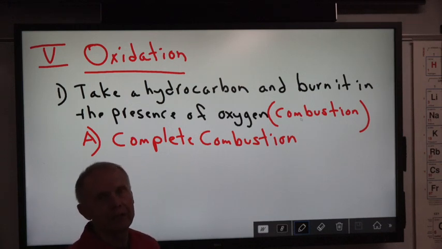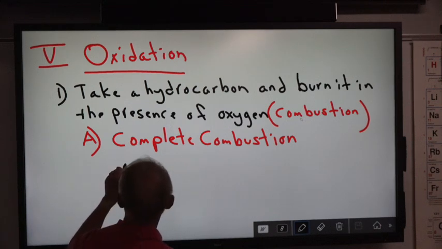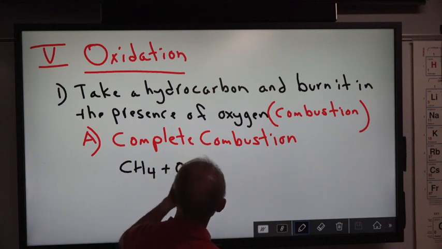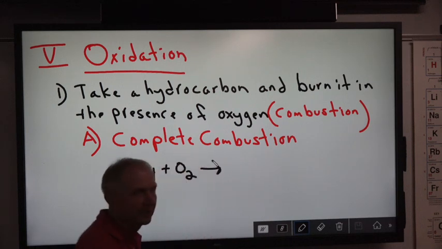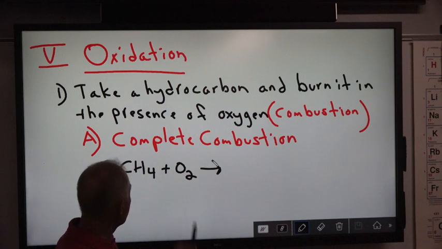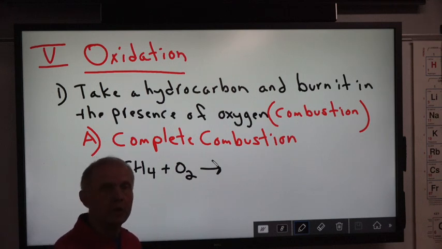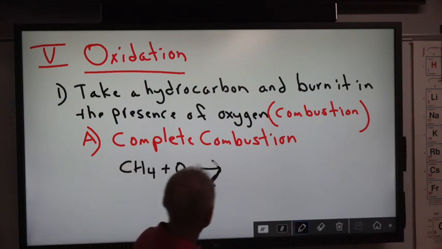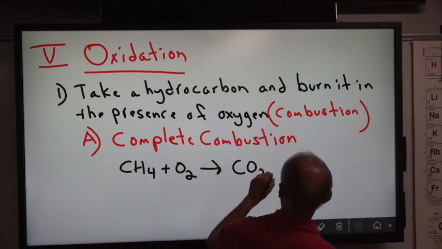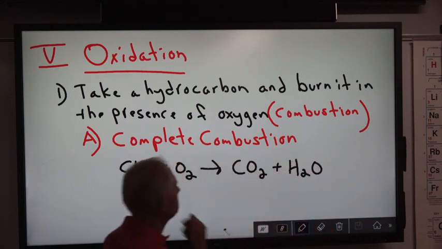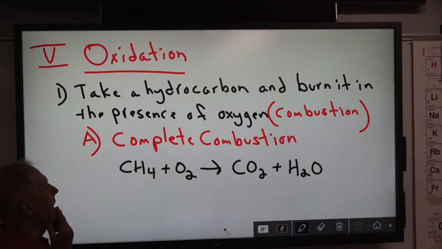Let's use the simplest hydrocarbon, methane. And in complete combustion, there's enough oxygen to combine with the methane to produce just these two products, CO2 and H2O. Just those two products. Okay? That is complete combustion.